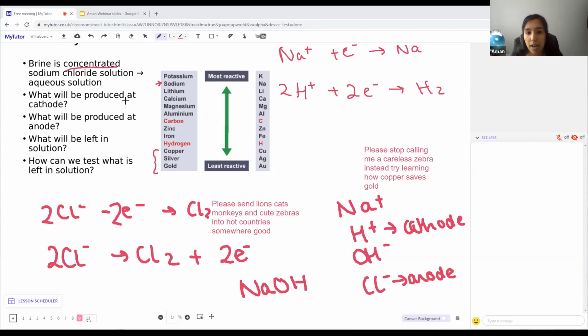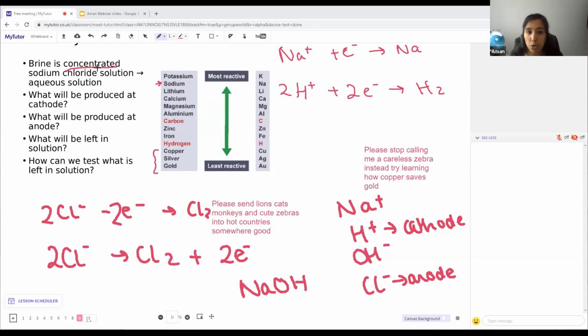So someone asked me earlier, how do we know when we form oxygen at the anode or when we form the halide? So the general rule is that if you have a concentrated solution, which they will either tell you, and if they don't tell you, you can assume it's concentrated, you will form the halide, which means iodine, bromine, chlorine, so the halogens, group 7.